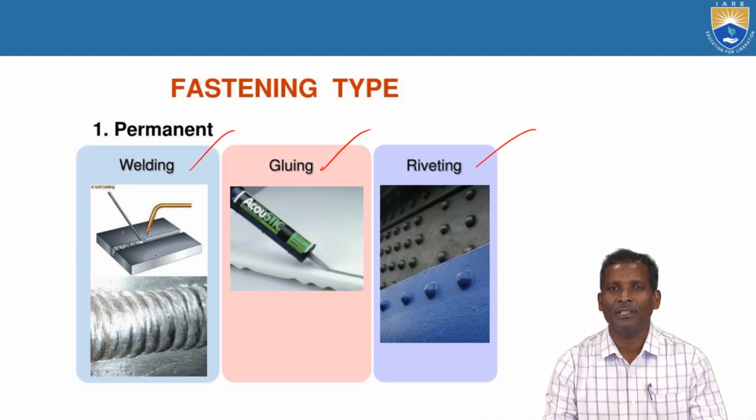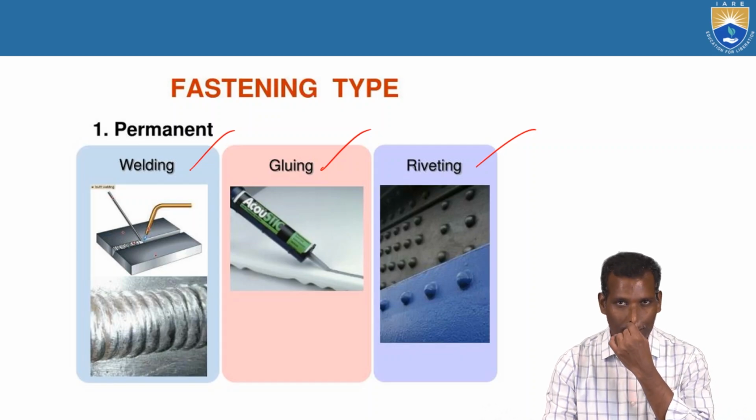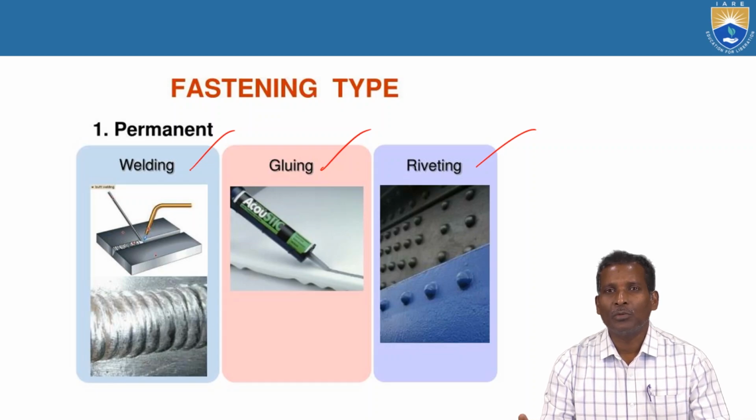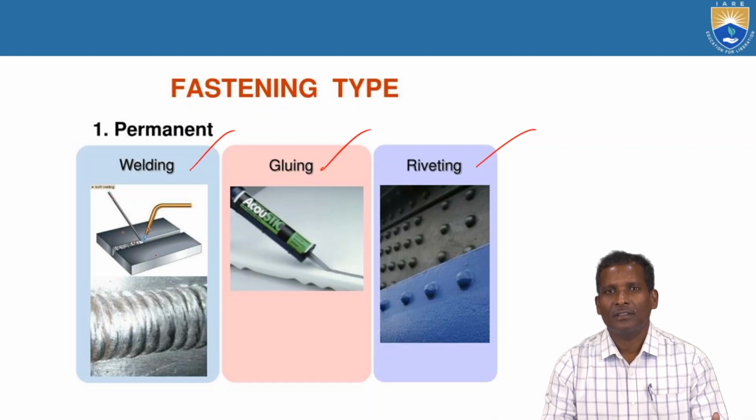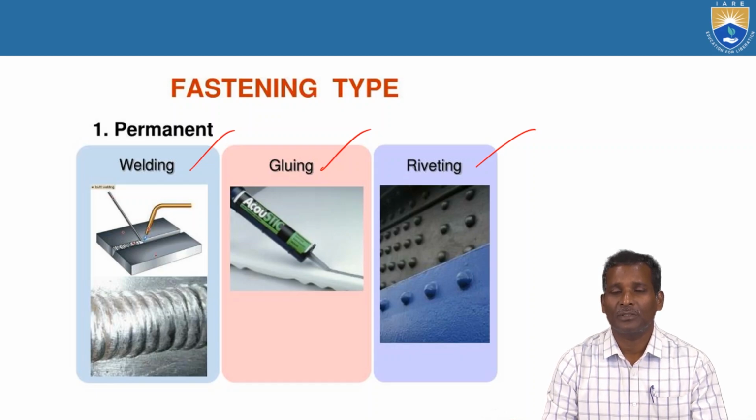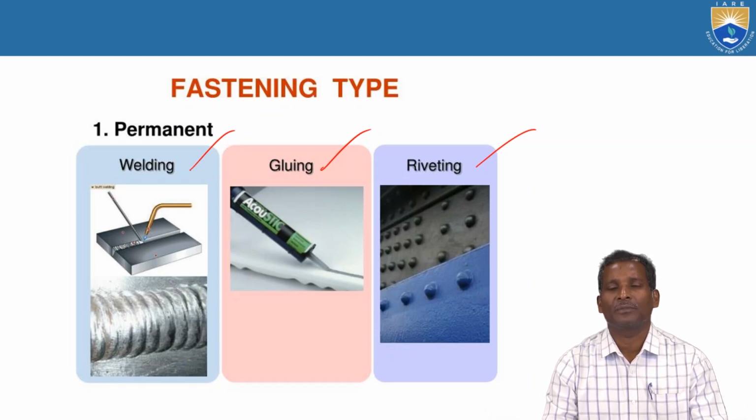In these joints, suppose after some working conditions you want to remove any member or component, you can't replace it and you can't repair the part. Why? Because these are permanent joints, permanently joined, by welding, gluing or riveting.